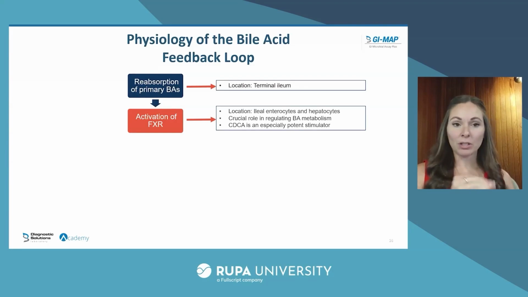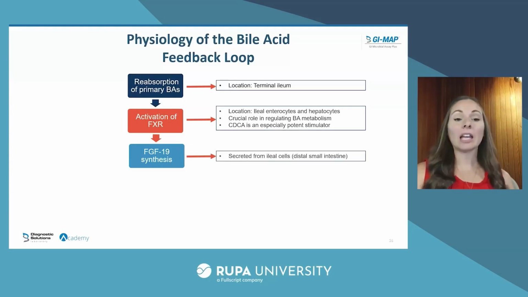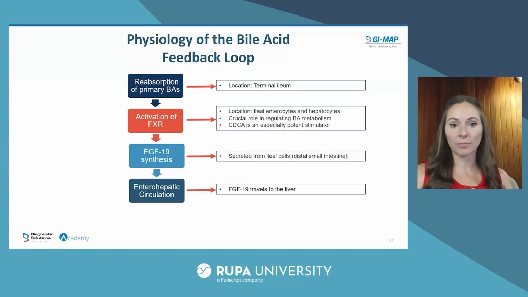So when this receptor gets activated by our primary bile acids, we then get the production of this molecule, FGF19. So that's fibroblast growth factor 19. And that is also secreted from those ileal cells. And it will then enter the enterohepatic circulation. That is the circulation between our gut and our liver.